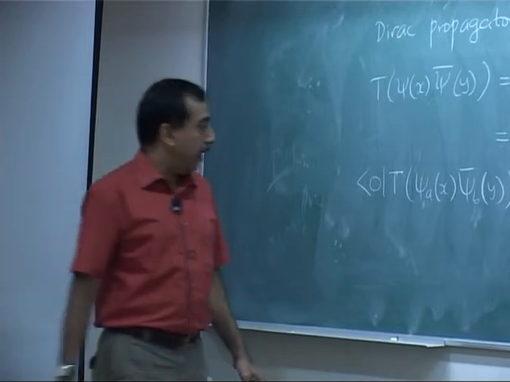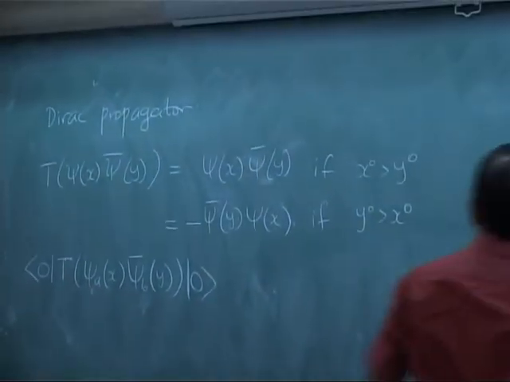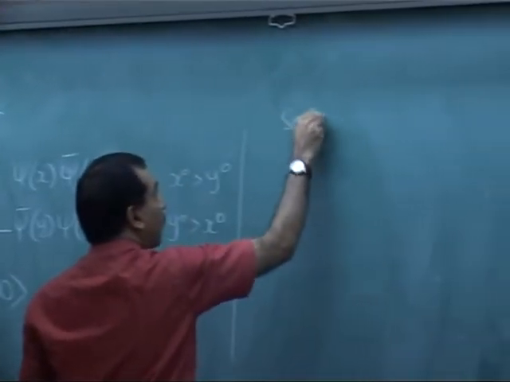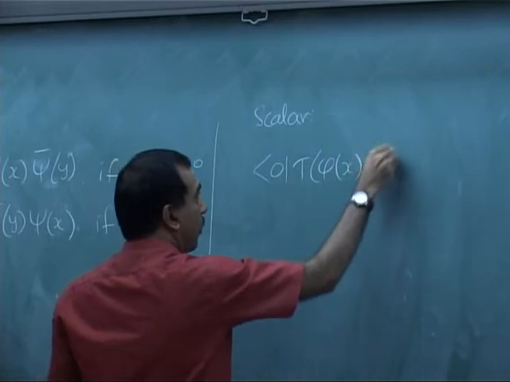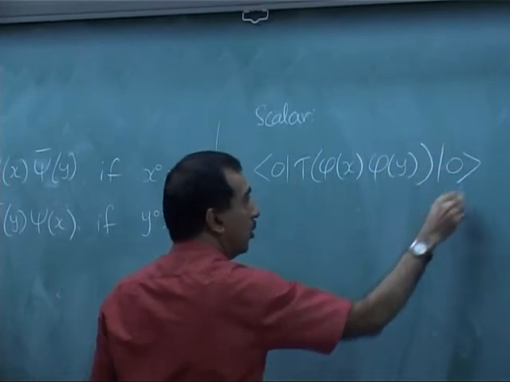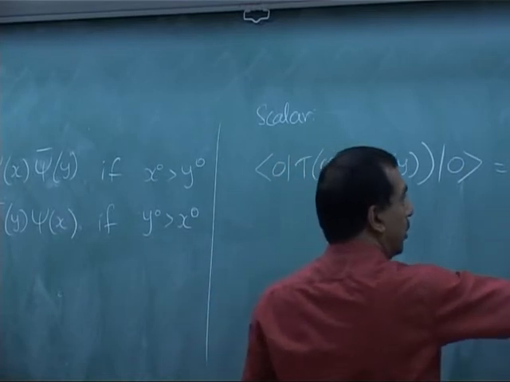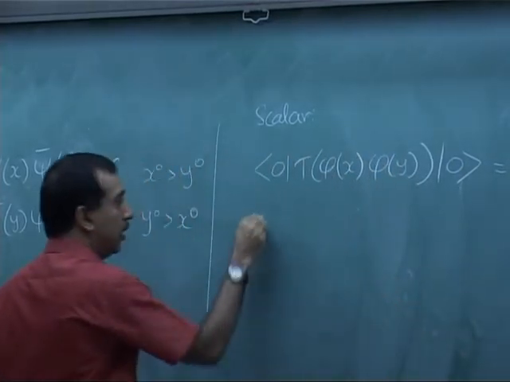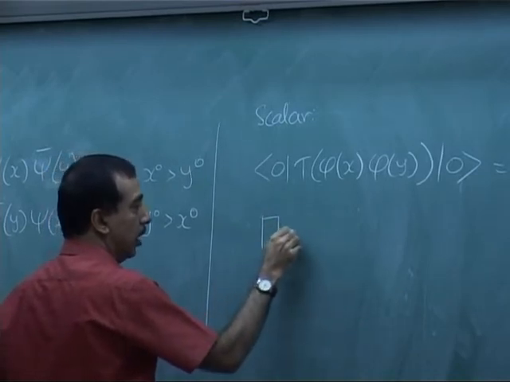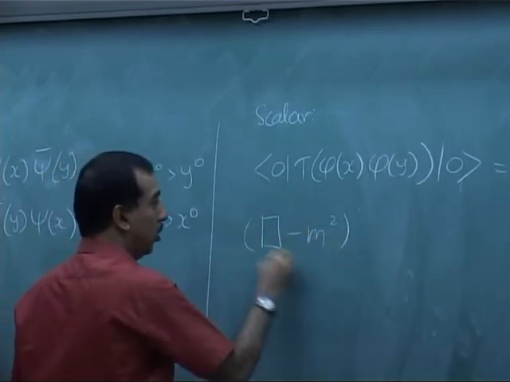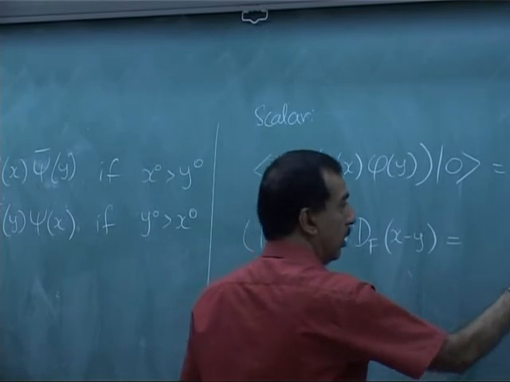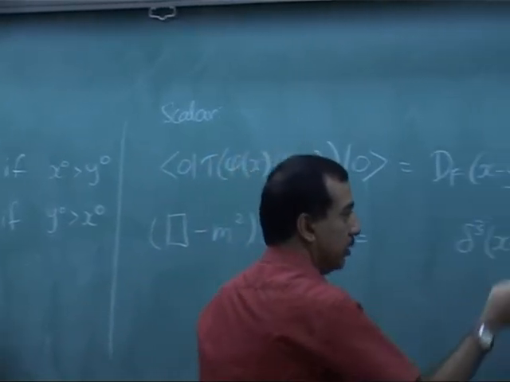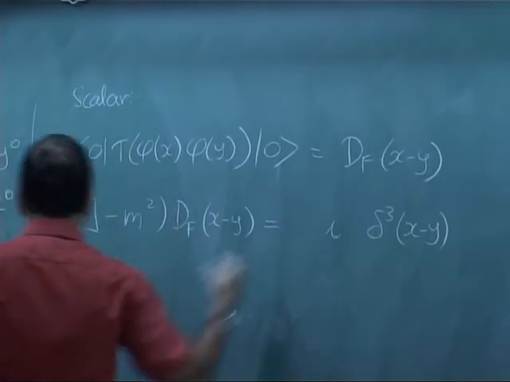For the scalar field, this quantity also happened to be a Green's function, so this DF of x minus y, as you must have seen, I think in some of the tutorials at least it was done, that box minus m squared on DF of x minus y was delta 4 x minus y with some probably just i or minus i.